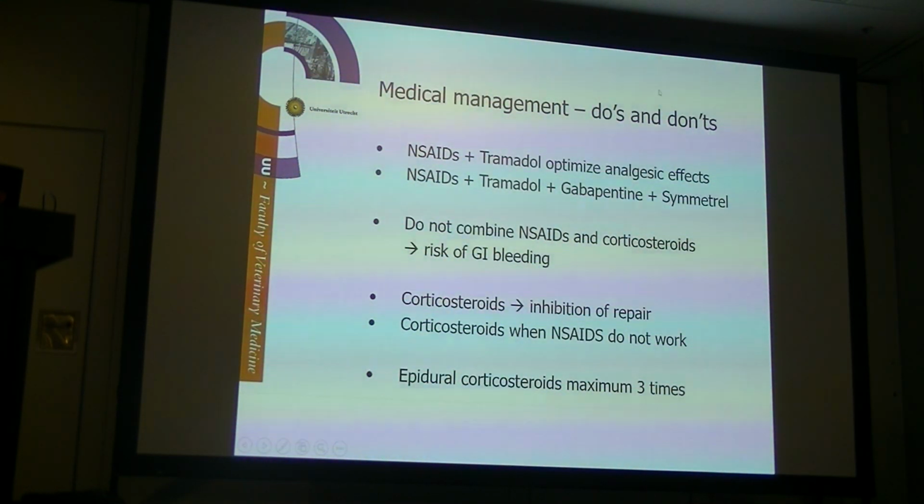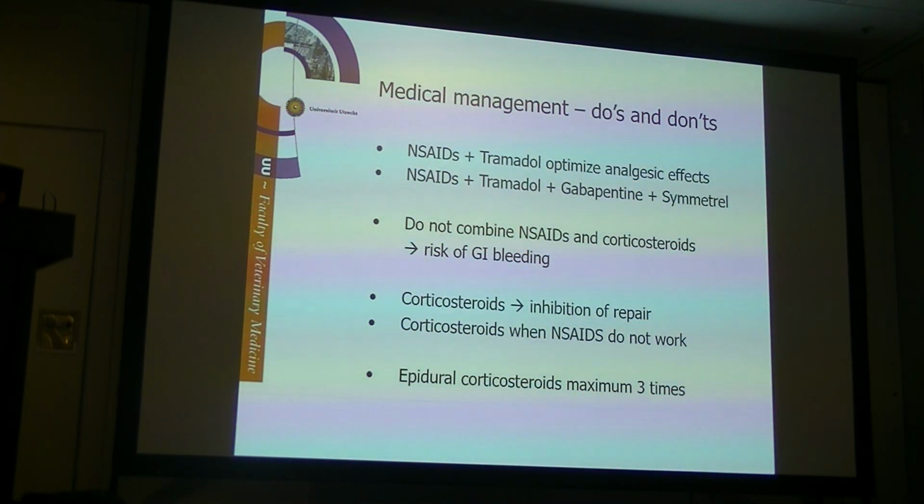So the do's and don'ts of medical management. We try to optimize the effect of NSAIDs with tramadol or gabapentin, Symmetrel. We do not combine NSAIDs and corticosteroids because of the risk of side effects.